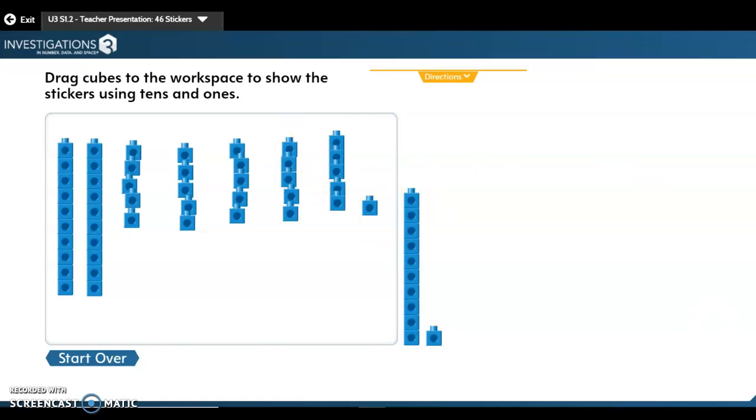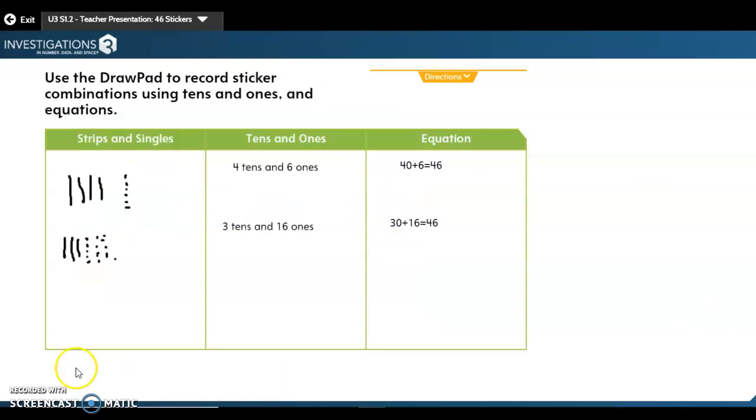So when we fill our chart out with that, again, we're going to have 2 strips of 10, and then our single stickers, which would be 26 more of those. Oops, that's not working so well for me. So let's just move on over here to this.